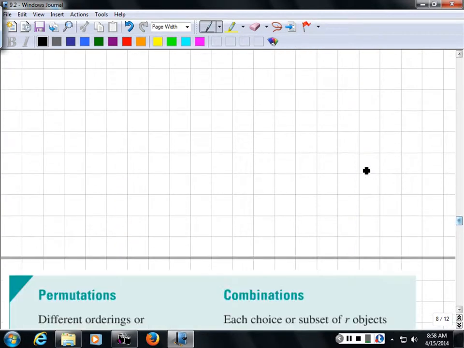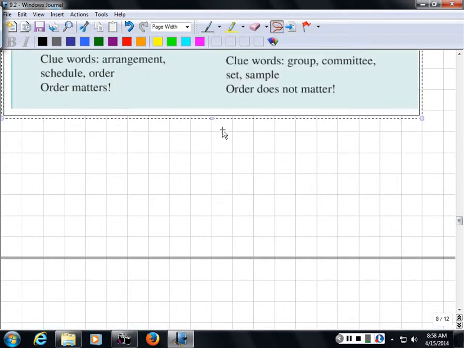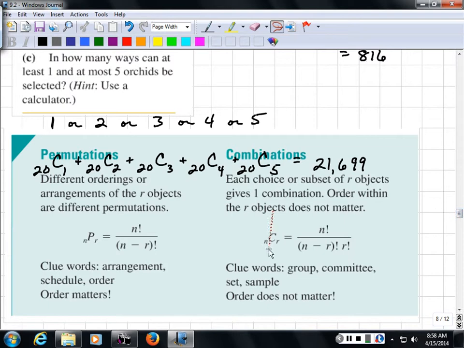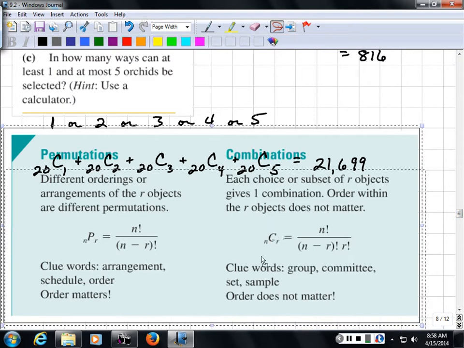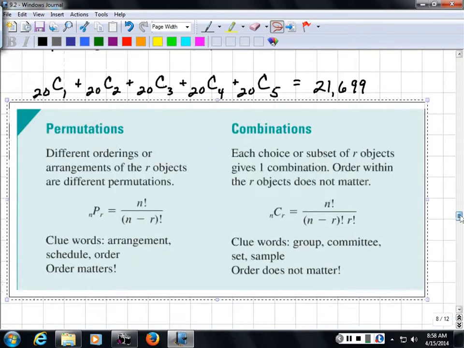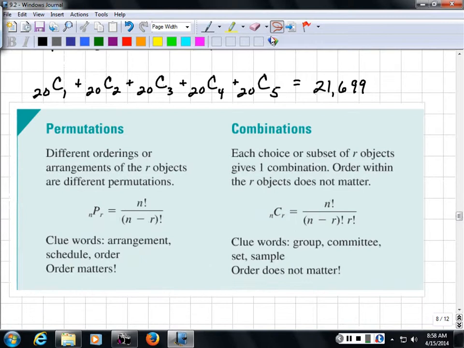Which brings us to the review. That's it. Does it get more complicated than that? Yes, it does.